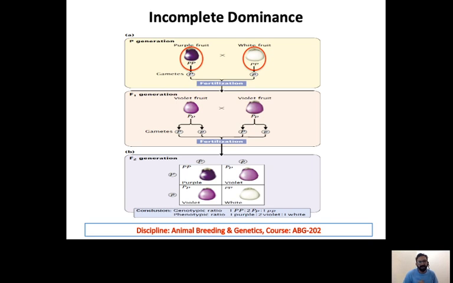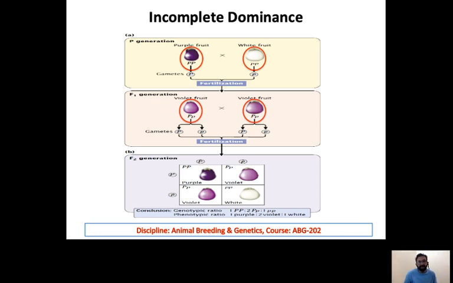White means 100% recessive, both of the alleles are recessive, and purple means both of them are dominant alleles. So in the F1 you can see there is a third type of phenotype that we call the violet color phenotype, and that's for the heterozygotes.